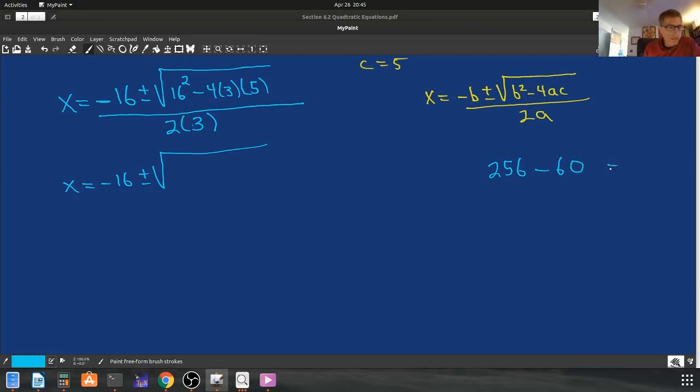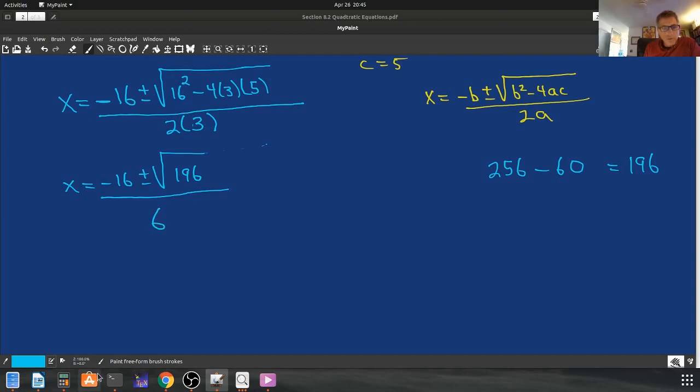And that's equal to 196. So it's the square root of 196, and then it's all over 2 times 3, which is 6.